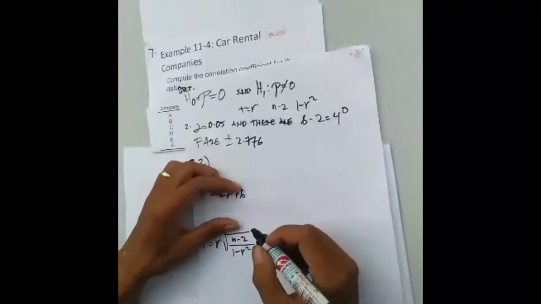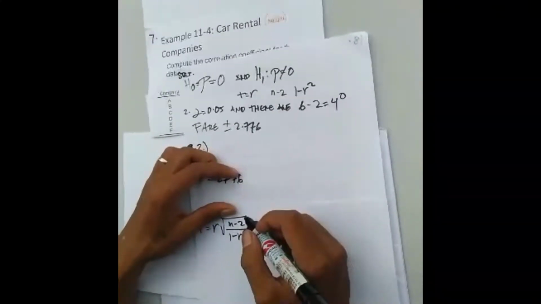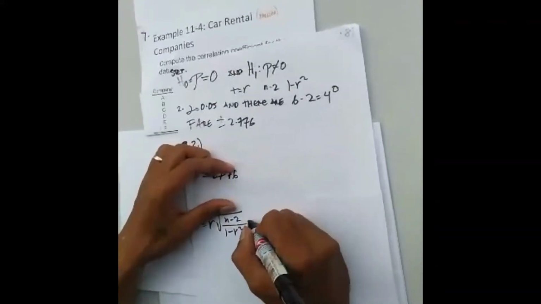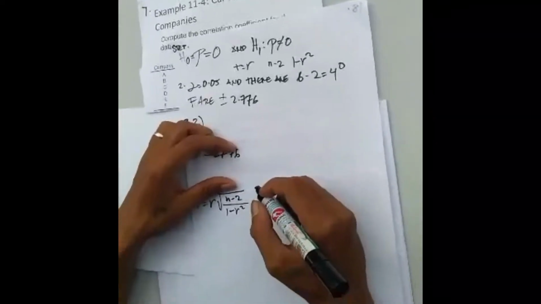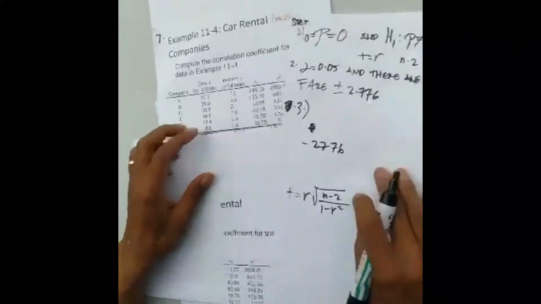So i-plot pa natin dito yung R niya. Meron po tayong R dito na binigay nila.